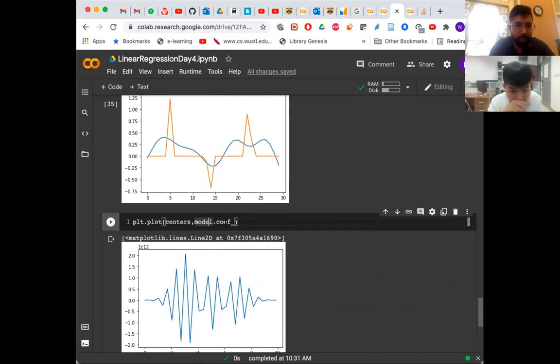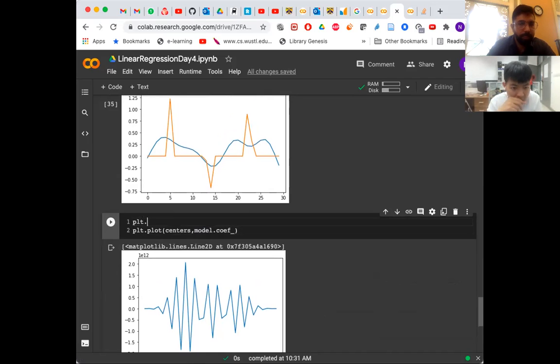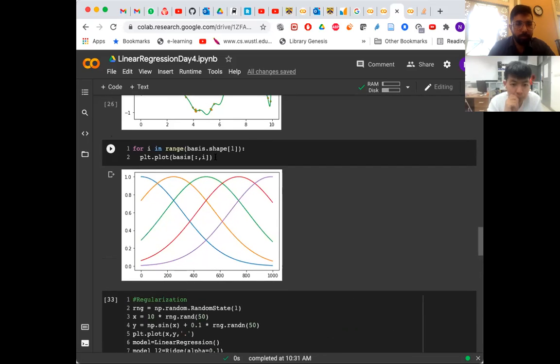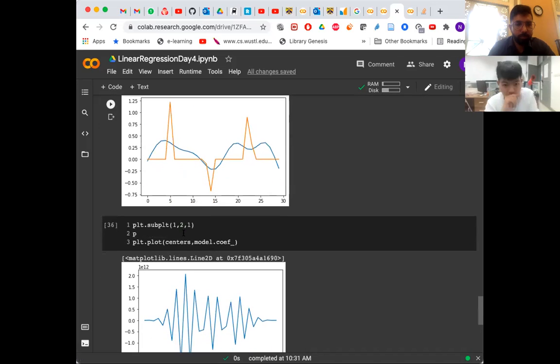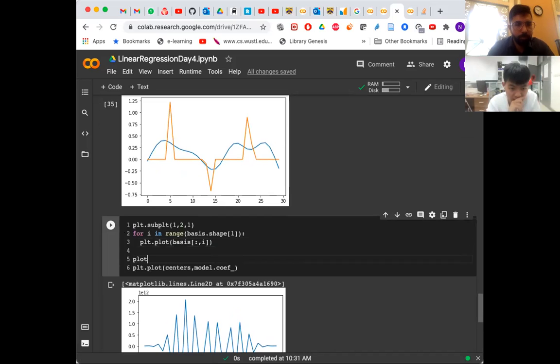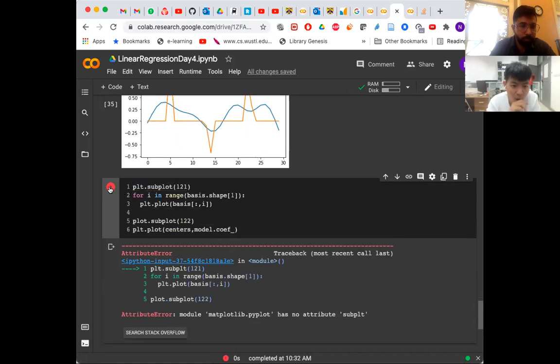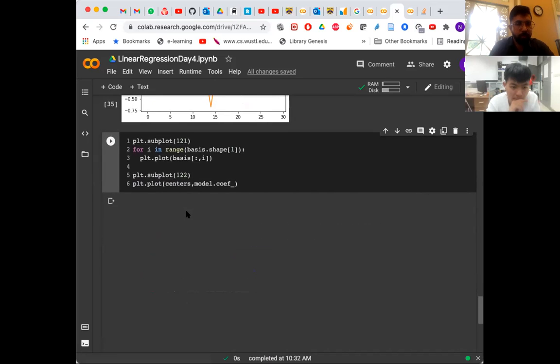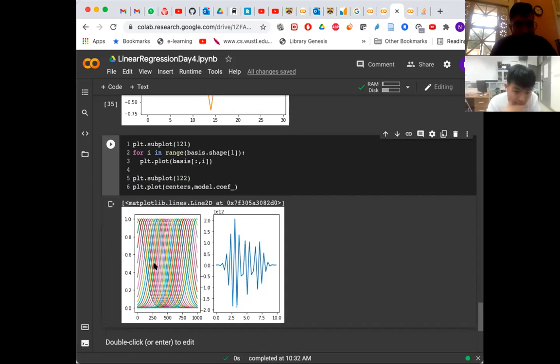So again, let me do something. Okay, so it's not very easy to see, but basically here I'm showing where each base starts, and here I'm showing the magnitude of each base.